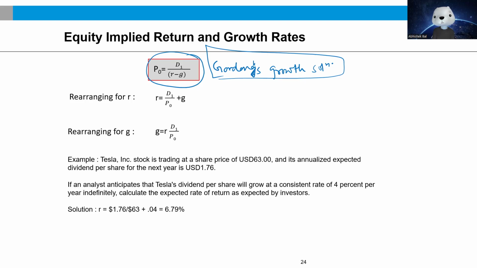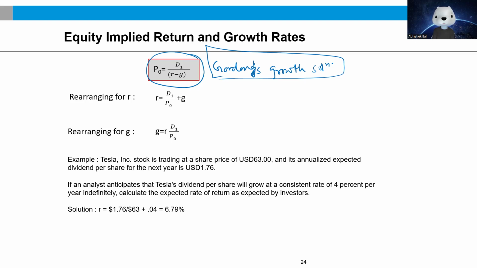For instance, if the growth rate is given, the dividends are given, and the price is given, you can find out the discount rate. If the discount rate is given, the dividend is given, and the price is given, you can find out the growth rate, and so forth. So three given, the fourth one can be found out.